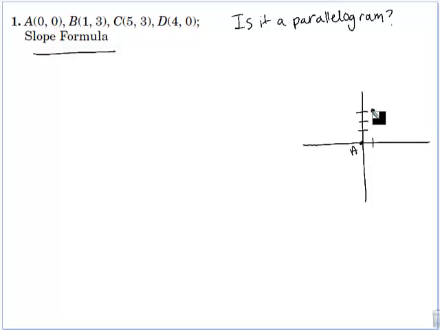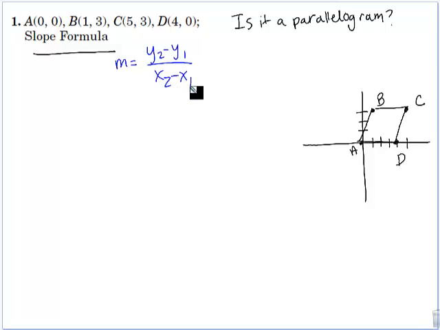Our B is at 1, 3. Our C is at 5, 3. And D is at 4, 0. We can find the slope by counting, or you can use the slope formula, which is y2 minus y1 over x2 minus x1. We're going to count.